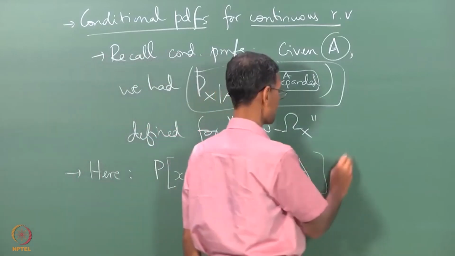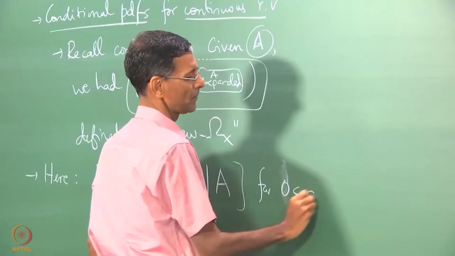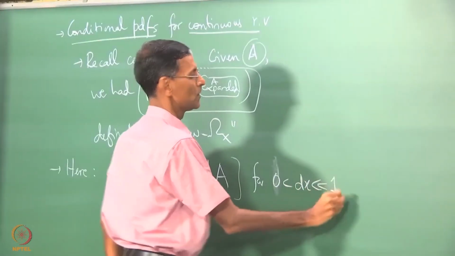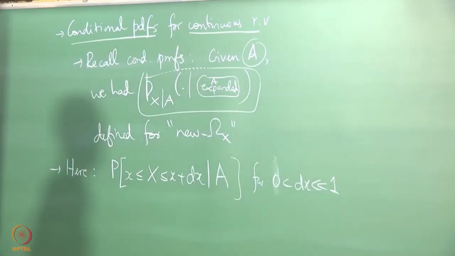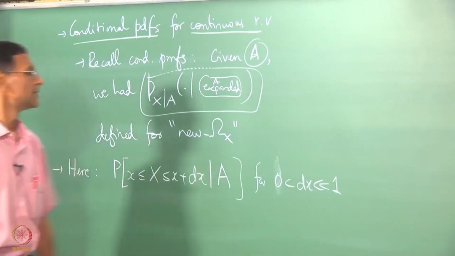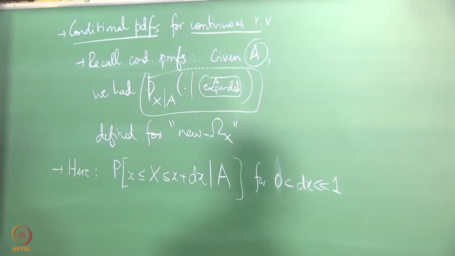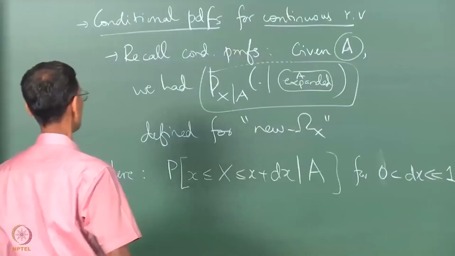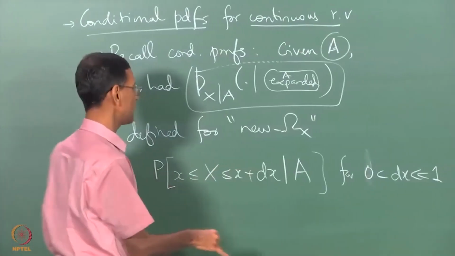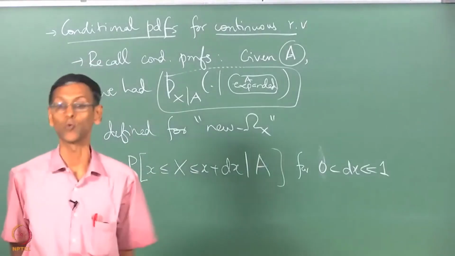So this is what we are interested in, for some dx which is positive but very, very small. So we are going to look at this conditional probability. The event A will be defined, right. We are going to assume some small positive dx. And we are looking at this conditional probability for what values of x; again a new omega x has to be found.